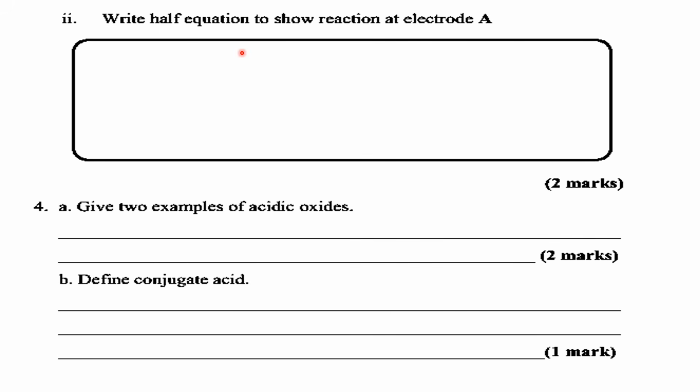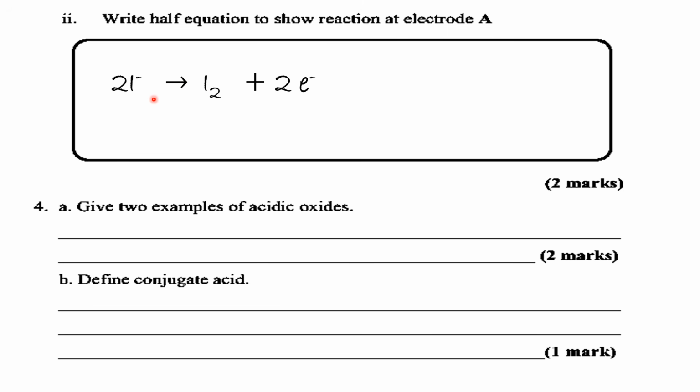Write a half equation to show the reaction at electrode A. We just mentioned that at electrode A, that's where oxidation happens. So the negatively charged iodide ions will give up their electrons to form iodine atoms or iodine molecules, since iodine is diatomic. All right, so this is what's going to happen.